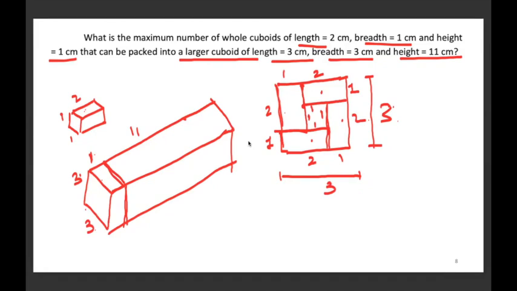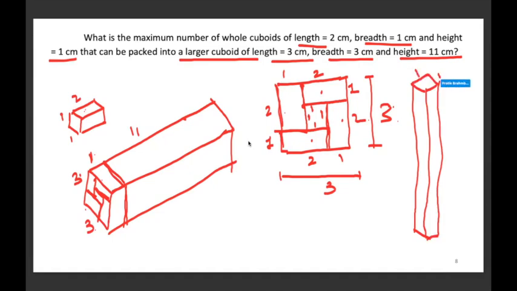So, in this case, the organization will look something like this. It will look like this, and then you have this hollow part. This hollow ring, which I'm talking about, is of 11 by 1 by 1 centimeter, height is 11.